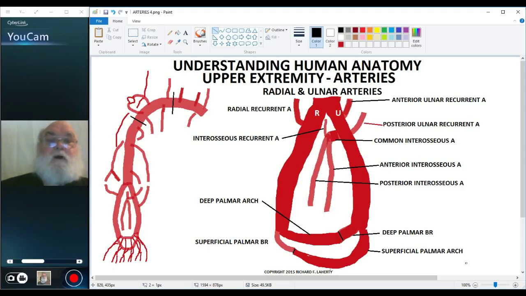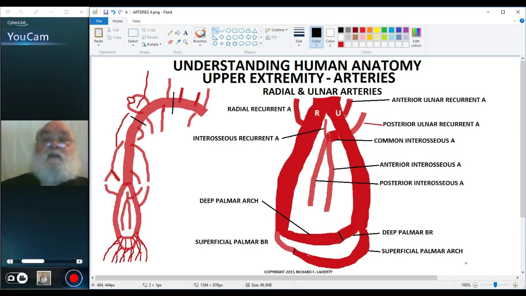So the superficial palmar arch is a continuation of the ulnar artery. The deep palmar arch is a continuation of the radial artery. The ulnar artery has a branch, the deep palmar branch, that runs end-to-end anastomoses with the deep palmar arch.